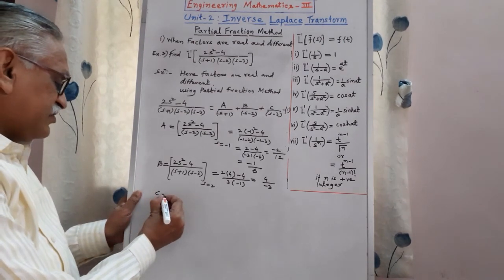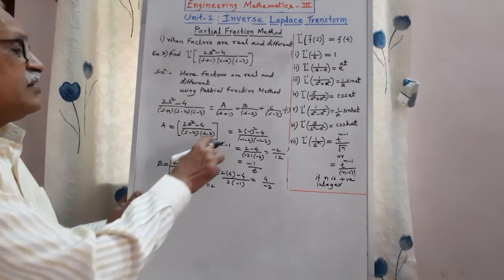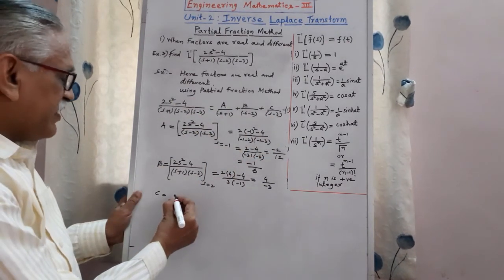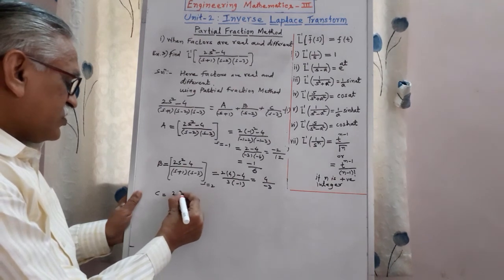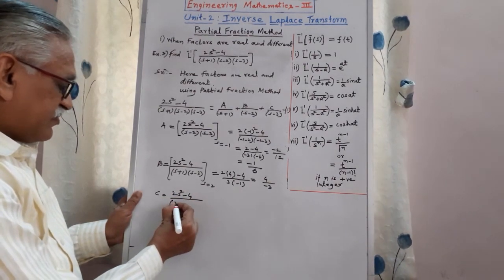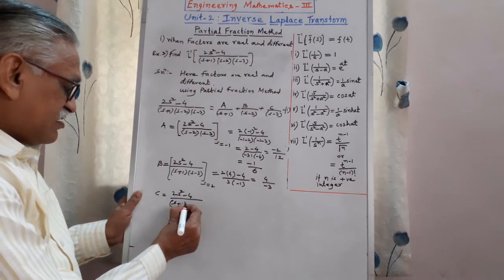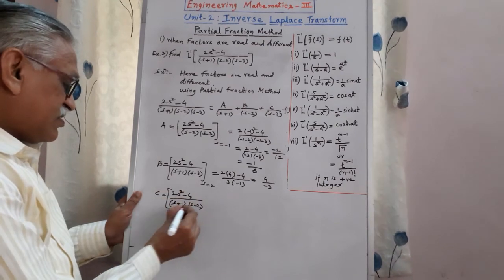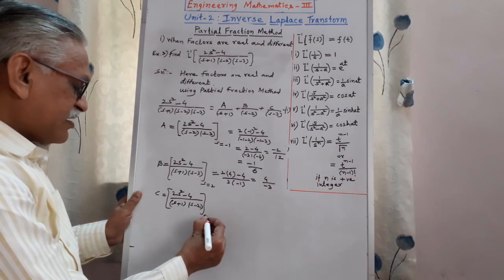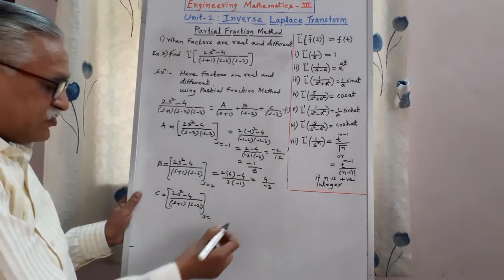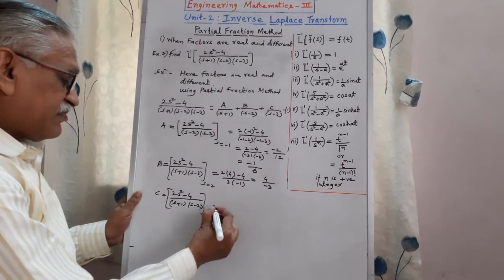And then C last, neglecting s minus 3, we get the remaining terms as 2s square minus 4 divided by (s plus 1)(s minus 2), and its value at s equals, equating s minus 3 to 0, we get s equals 3.